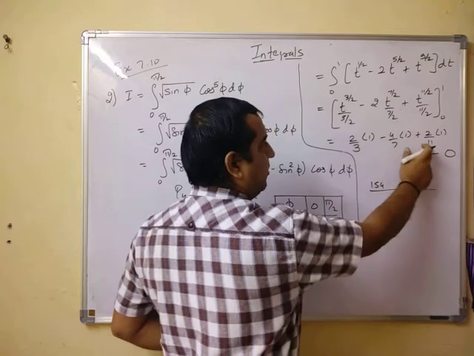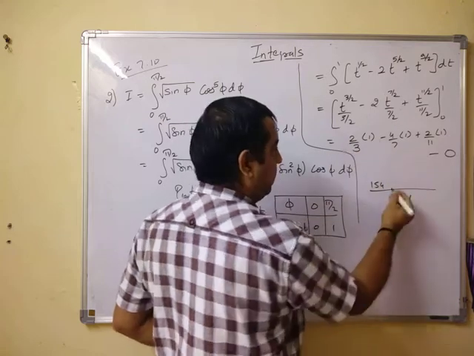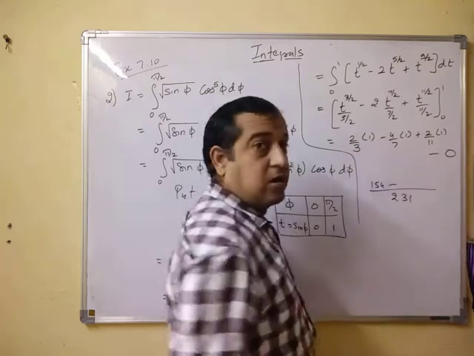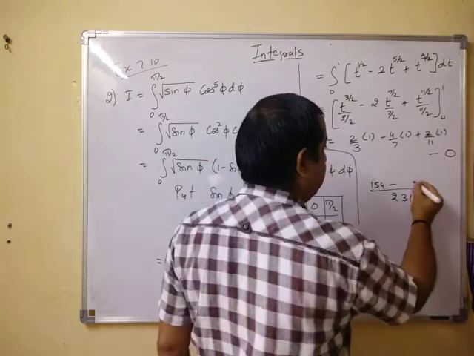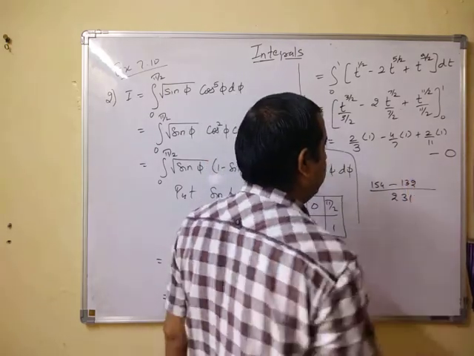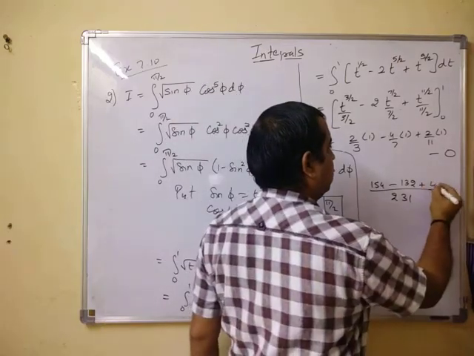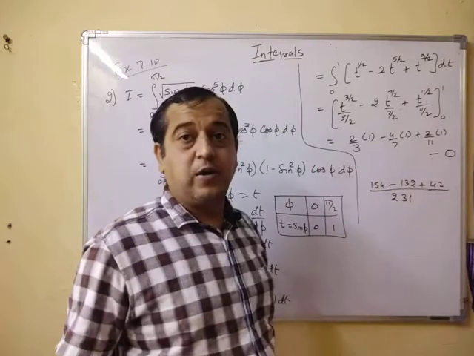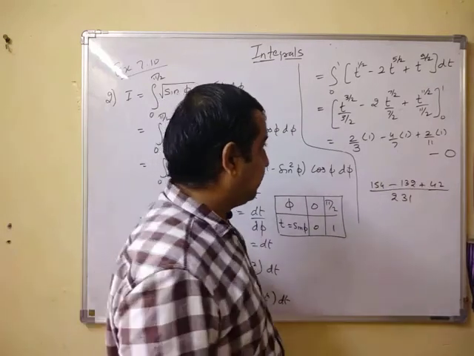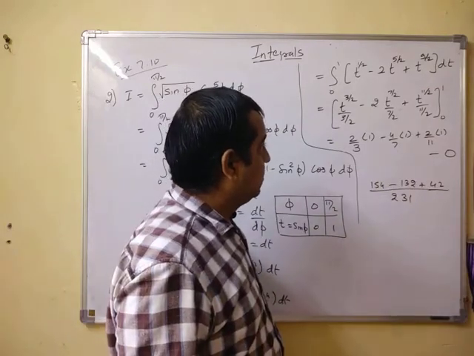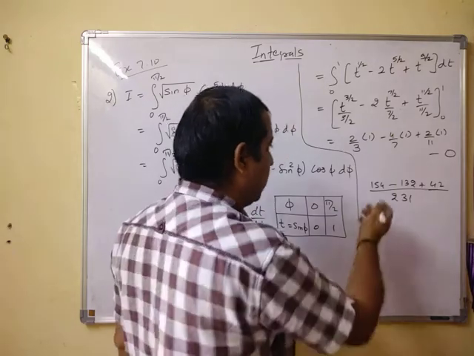Here 2, 7 elevens are 77, 77 twos are 154, minus 4 into 33. This gives you 4 3s are 12, and you get 132. Okay, 4 into 33, plus 42. 3 7s are 21, 21 into 2 is 42. Okay, you get this.